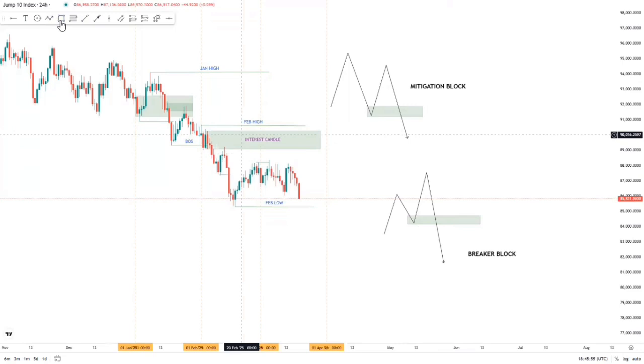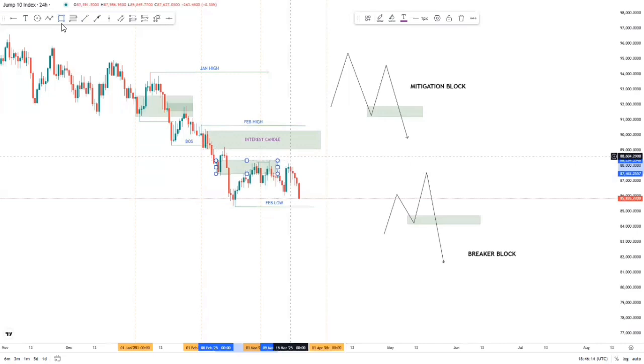So you see, we came here, but we had this one here. We had this one here. This one here. So this one was the zone I used for the indication of a sell continuation.